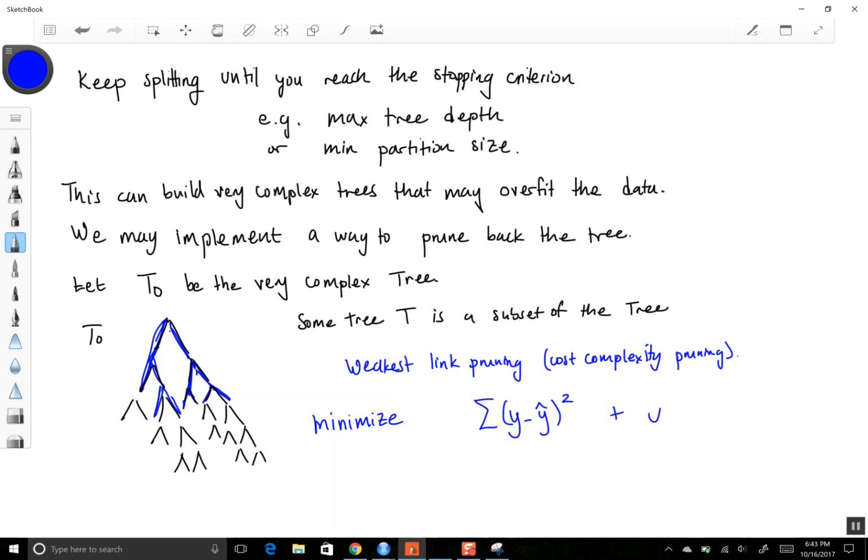This is alpha times |T|, the number of terminal nodes, like how many resulting buckets you end up having. This is kind of like a tuning parameter.